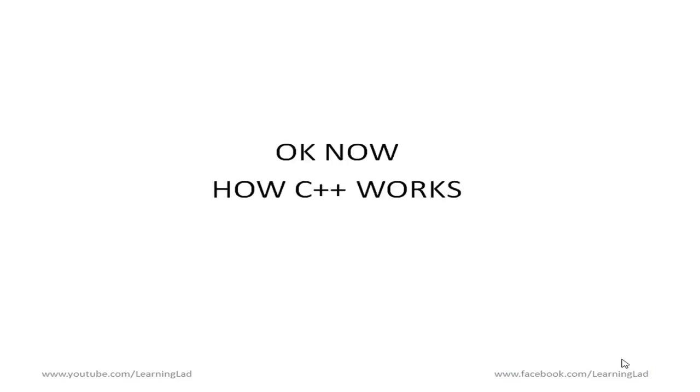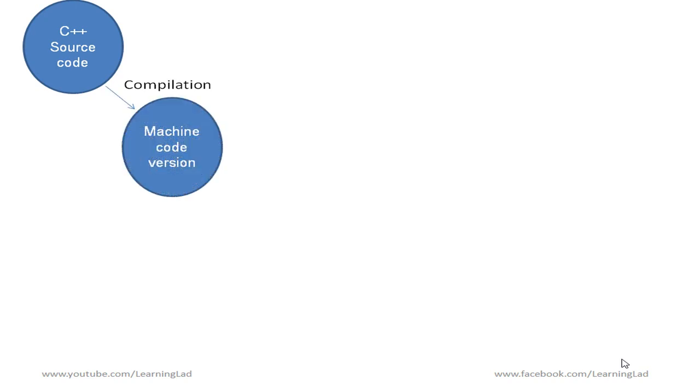Okay, now we know about the compilers, the linkers, the archivers, the toolsets, and how C++ works, or what is the procedure to get an application or executable from the C++ source file. First we have the C++ source code, and then we compile that source code using the compiler. This process is called compilation, and we will get a machine code version.